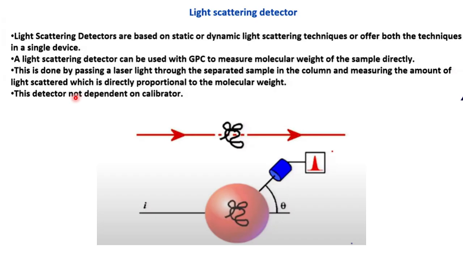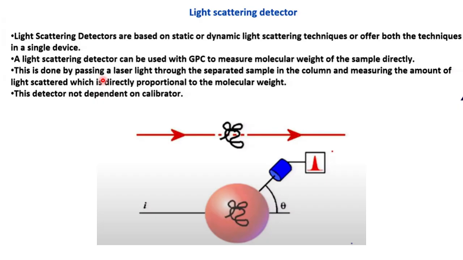A light scattering detector can be used with GPC to measure the molecular weight of the sample directly. So after separating out, if you check through SLS or DLS, you can accurately get the molecular weight of the component that is coming out through the column.